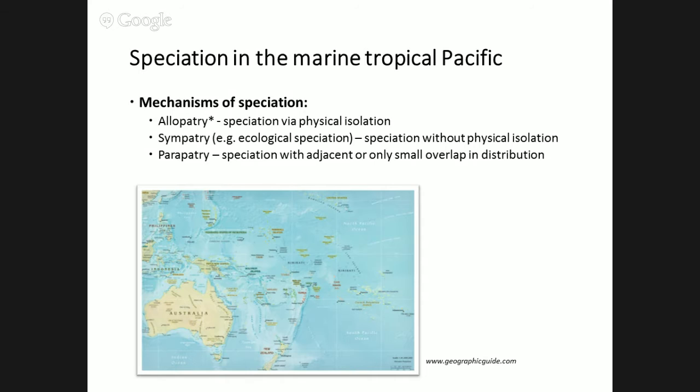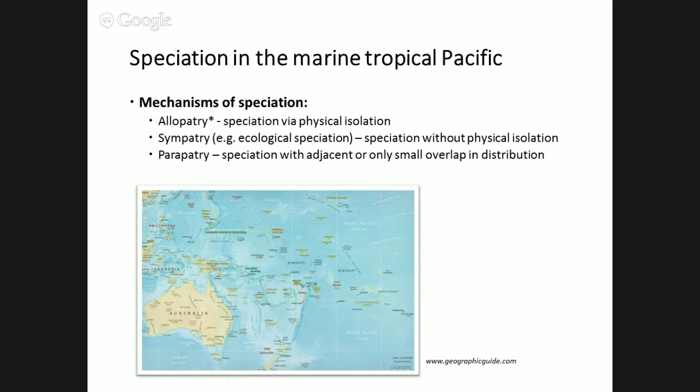There's some kind of barrier that becomes a physical isolator. And over time, as these populations remain separated by that barrier, they start to change evolutionarily and eventually evolve into different species. And allopatric speciation has played a really prominent forefront role in the discussion of evolution and speciation.